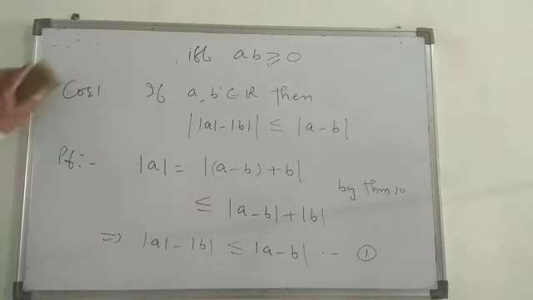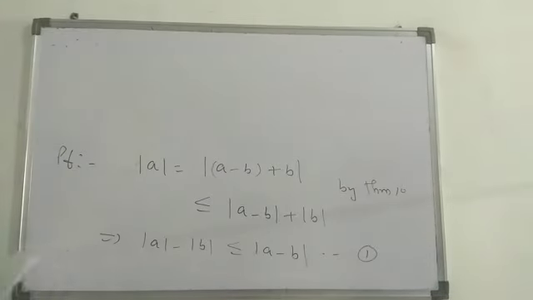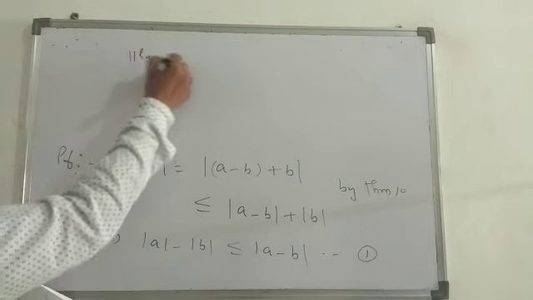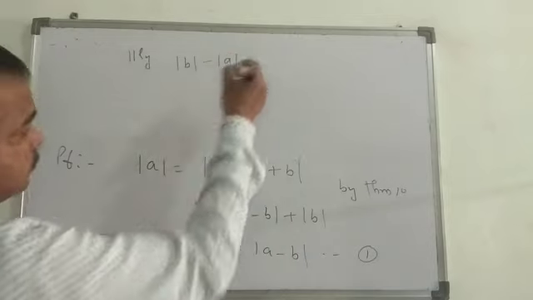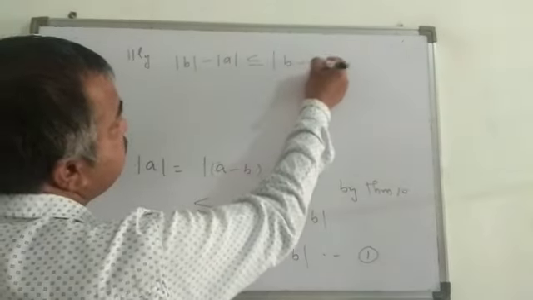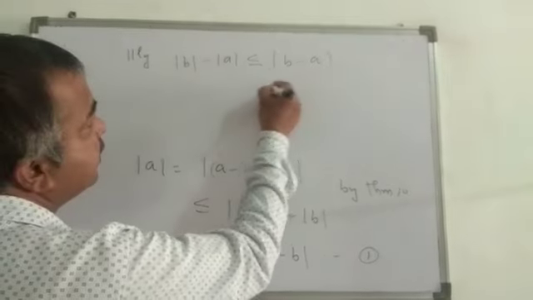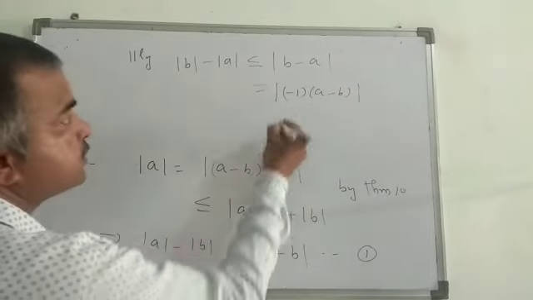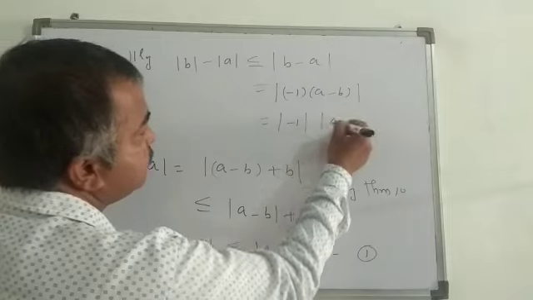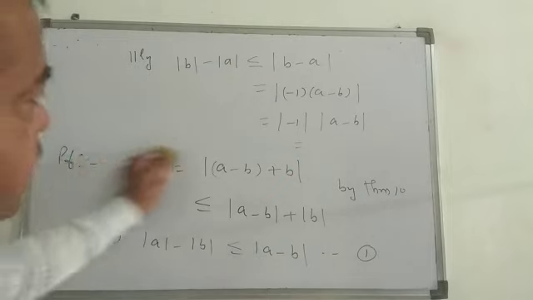Similarly, on interchanging a and b, we shall get |b| - |a| is less than or equal to |b - a|, replacing a by b and b by a. And this further can be written as |-1 times (a - b)|. So the modulus of ab is |a||b|, and the modulus of -1 is 1.